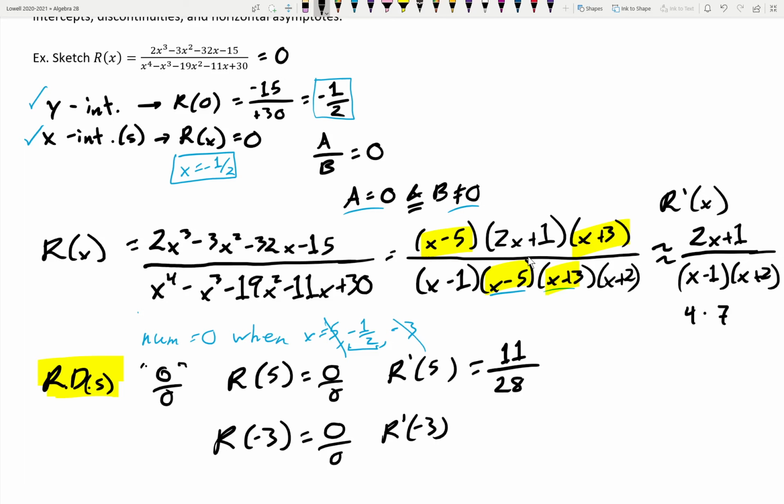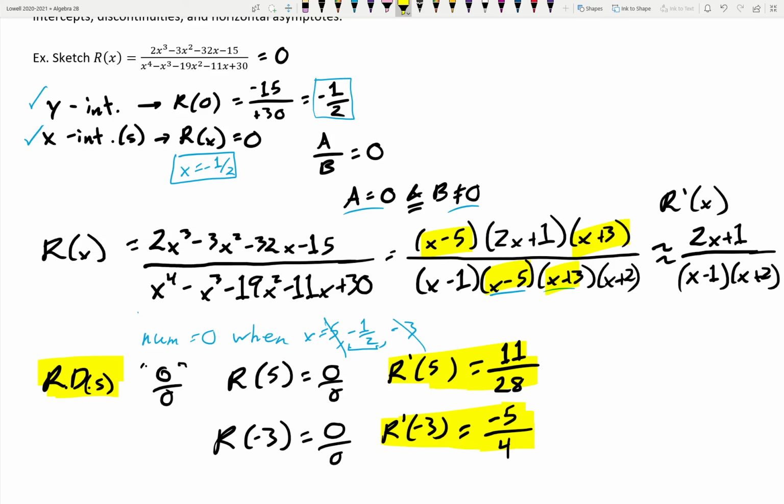So that'll happen at 11 over 28. If I plug in negative 3, I'll get negative 6 plus 1, so negative 5, and in the denominator, negative 4 times negative 1, so positive 4. Alright, so things are shaping up. We have 2 removable discontinuities at these 2 points right here.